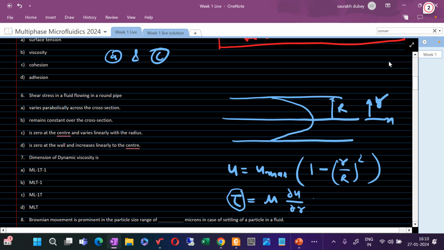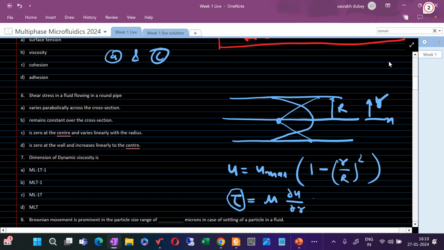The shear stress profile is zero at the center and increases linearly with the radius, symmetrically. If the center line is somewhere in between, then there will be a different situation.